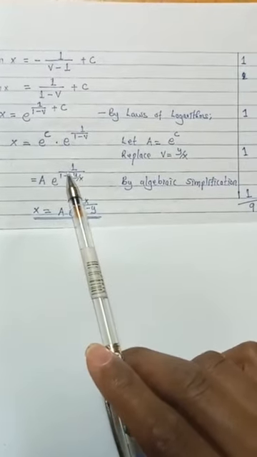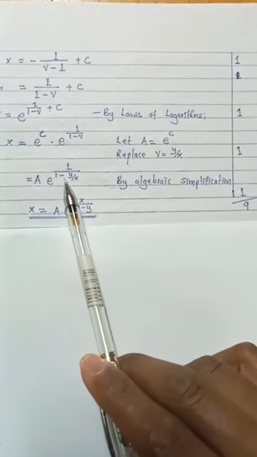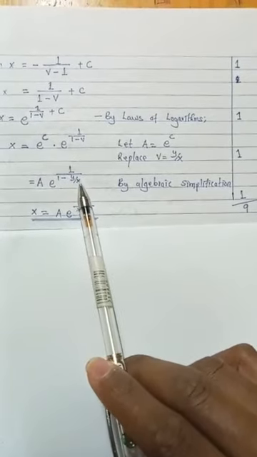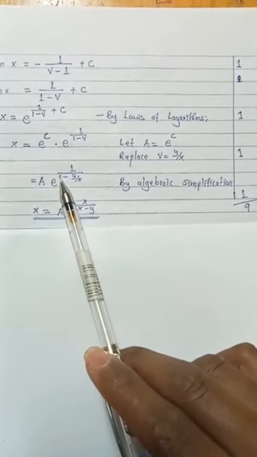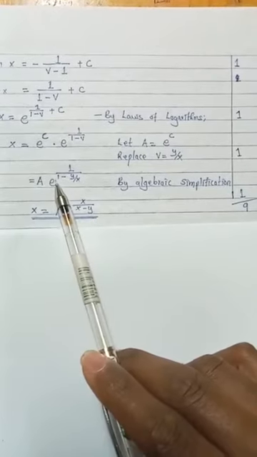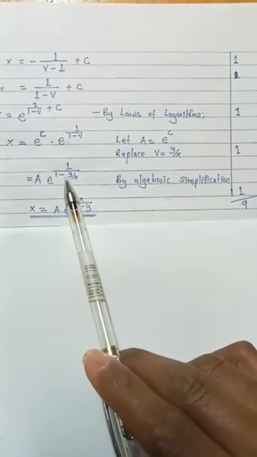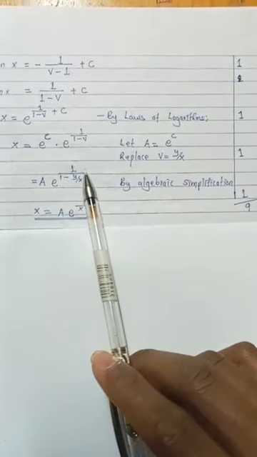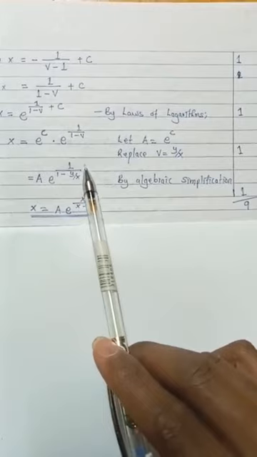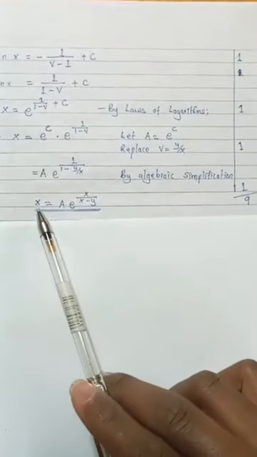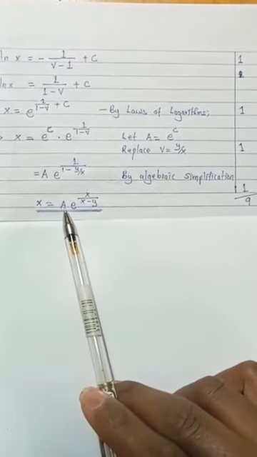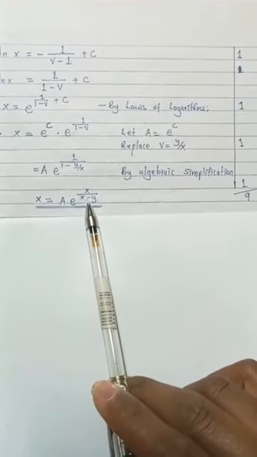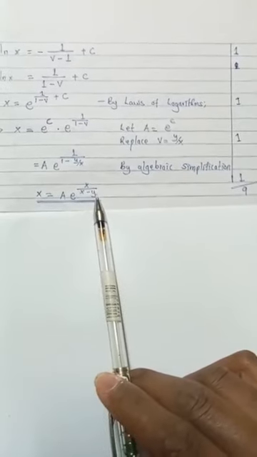Now if we simplify this part by algebraic simplification, we have 1 minus y over x; if we say this is 1 over 1, then we solve by fractions, then take the reciprocal of this part, that will give us x equals a exponential of x over x minus y.